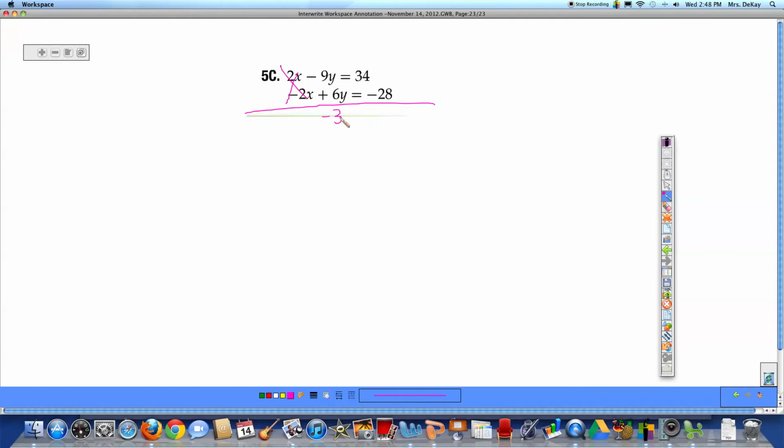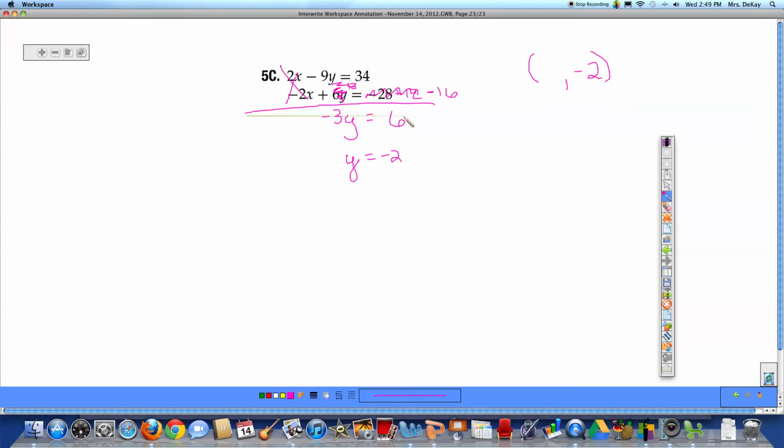Negative 3y equals 6. Y equals negative 2. Put it in the bottom one. Negative 12. Add 12. 16.